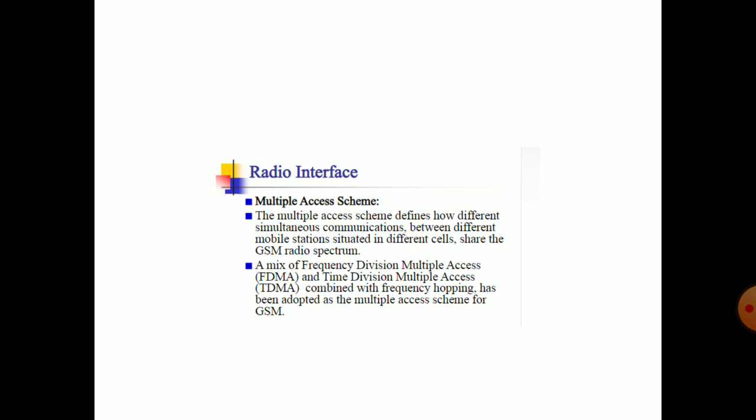These are analog systems. Now we are using the digital system, in which we use the Global System for Mobile Communication. It is the 2G network radio interface.